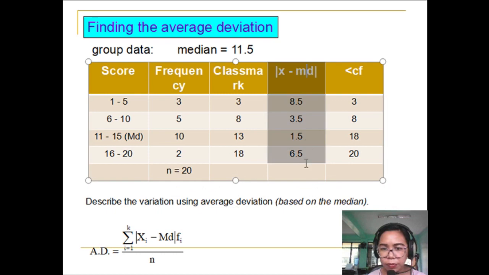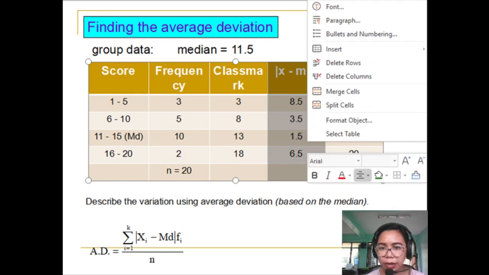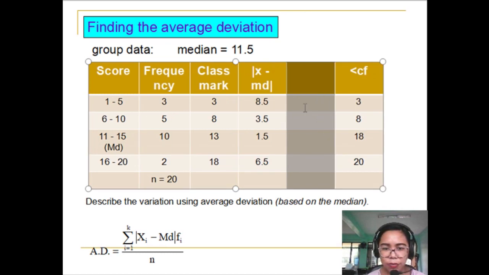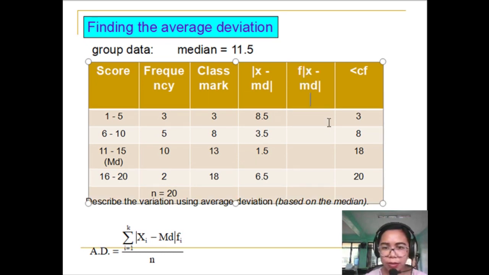Okay. We have to multiply the deviation with its frequency. So multiply this with the frequency. Okay, so that is 3 times 8.5.